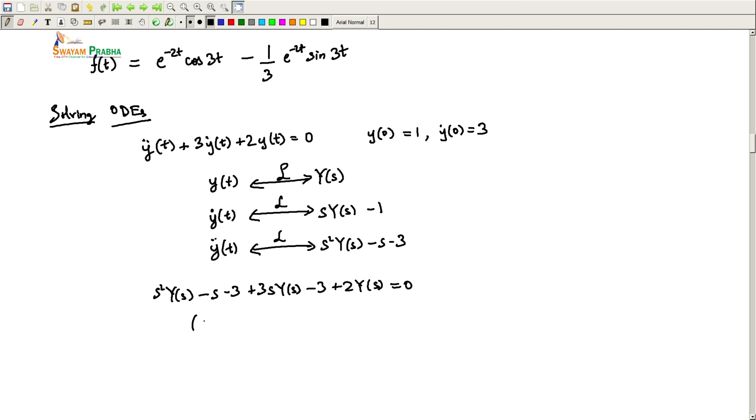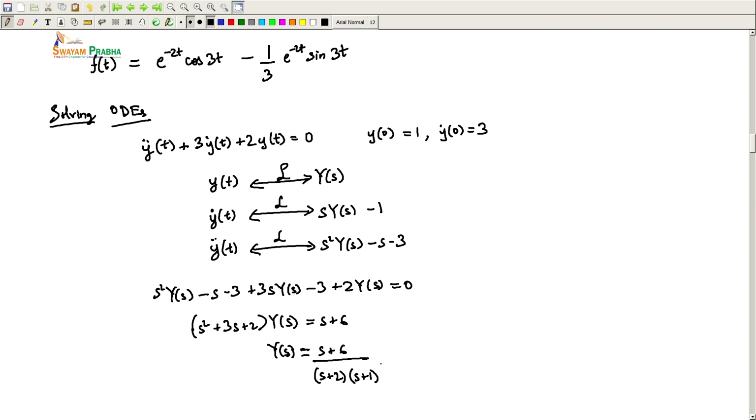and this can be written as s square, and based on this we can get the expression for y of s.